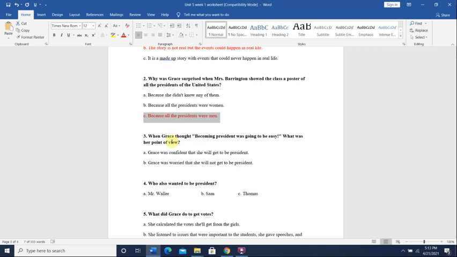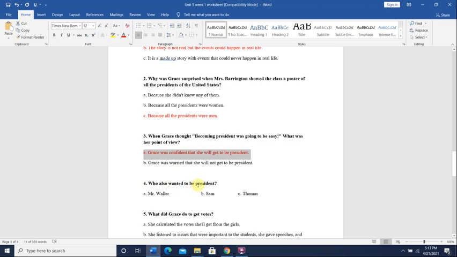What do you think her point of view was? That she was confident that she will be president, or she was worried? Confident means that she was sure that she will be the winner or the president. Worried means to be nervous or afraid that she will not be president. So the correct answer would be A. She was confident that she will be president.